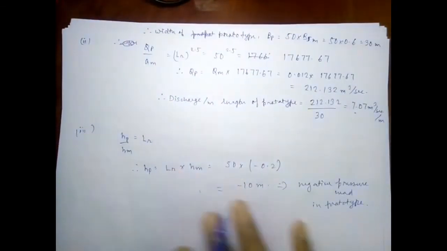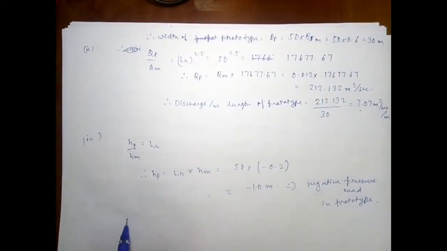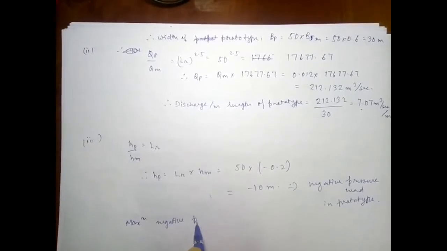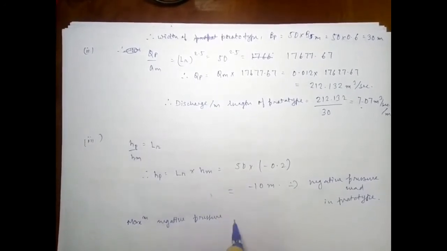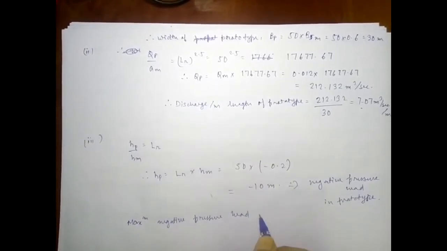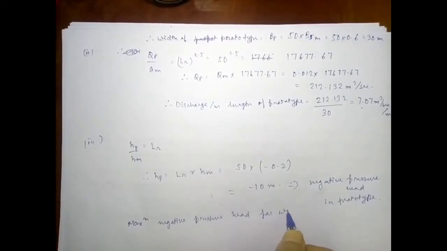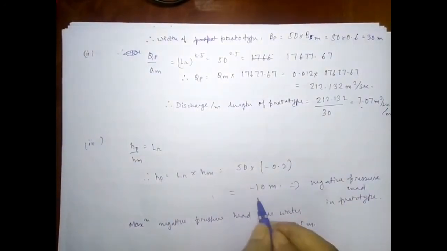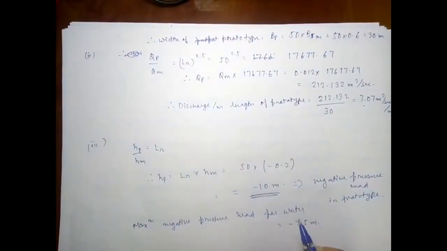So now you must know one thing: the maximum negative pressure head for water is equal to minus 7.5 meter, but we are getting it as minus 10 meter.